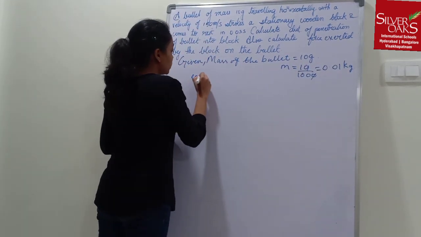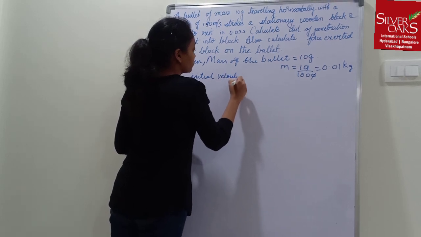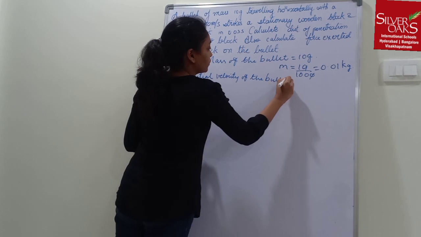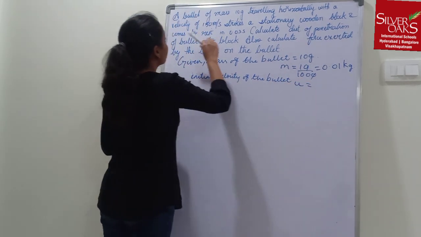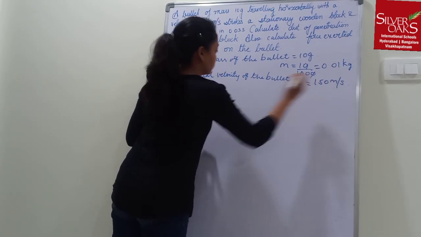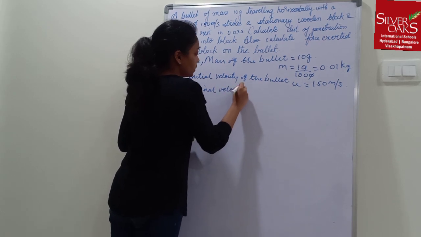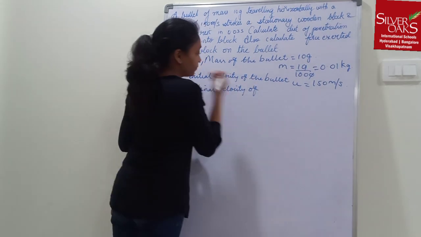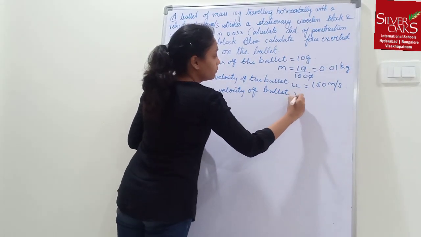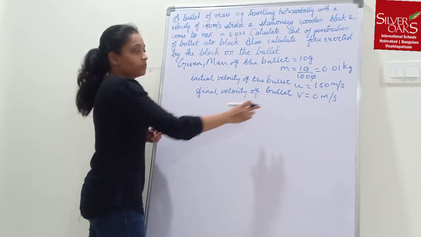Then initial velocity of the bullet, U, is 150 meters per second. Final velocity of the bullet is 0. Since it comes to rest, the bullet's V is 0 after it strikes the block.